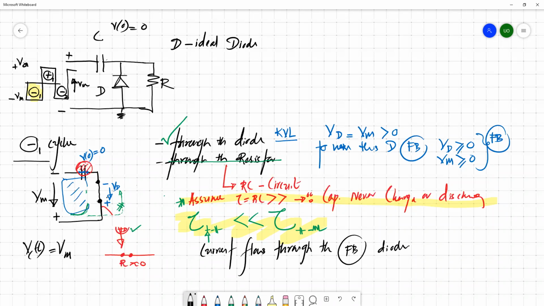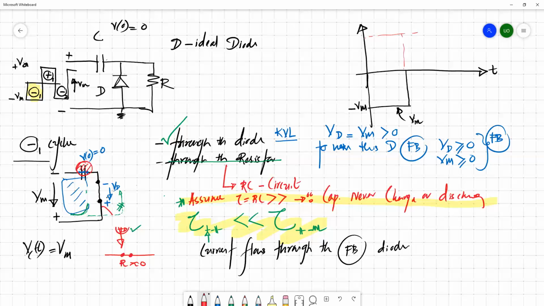If you plot these two, let's assume this is your input, and this is the voltage across the capacitor, VC.